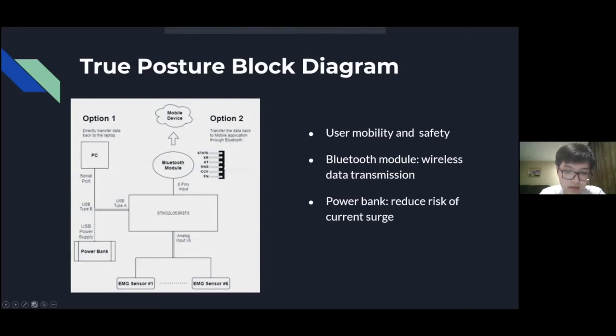And we have the Bluetooth module that allows wireless data transmission. The board also draws power from a power bank. We separated the power pins and the data pins from the USB interface so that it protects the user from the risk of a current surge.